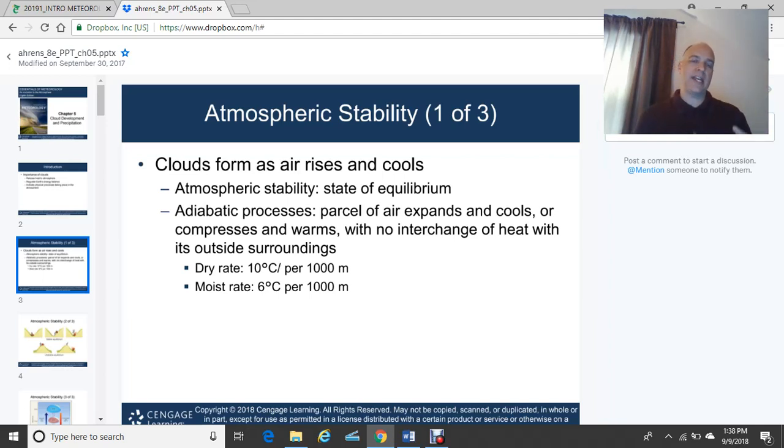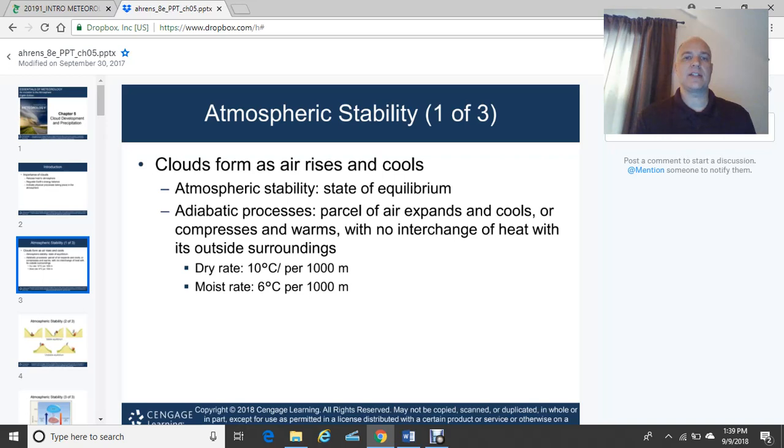As a result of the heating of the surface, the air is less buoyant, or lighter, and it wants to rise. As that air rises, it cools. The air parcels cool and expand, and as that happens, clouds tend to form. So when we talk about a state of equilibrium with atmospheric stability, air that rises is equal and opposite to air that sinks. Rising air is equal to sinking air.